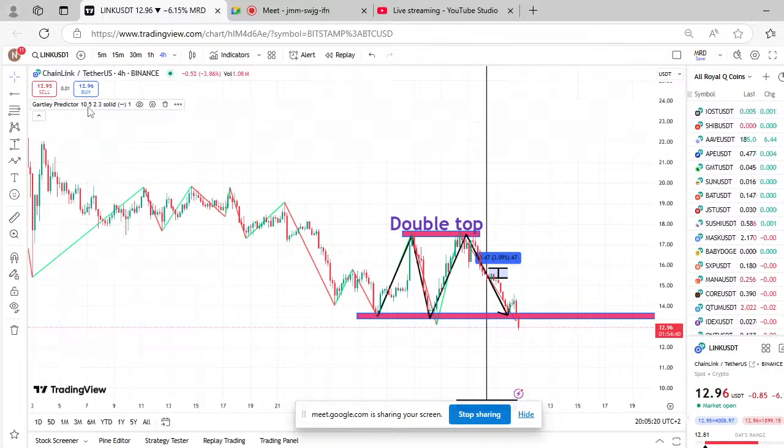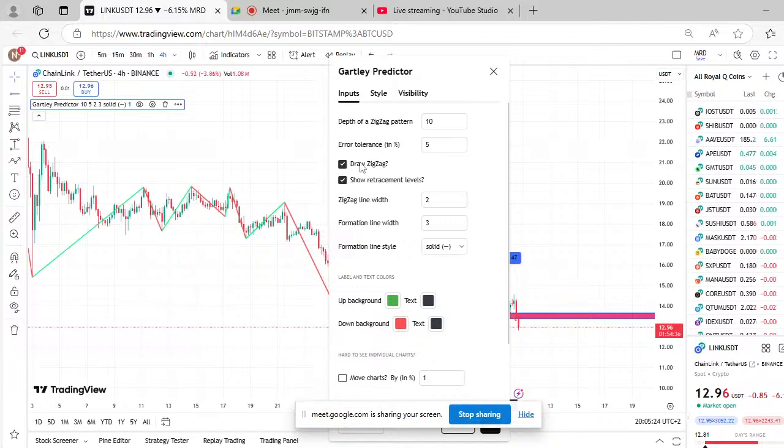So straight away, we are going to the settings of Gartley predictor. When you come to inputs, you will first put 10, 5, then you tick draw a zigzag, then you tick show retracement levels.